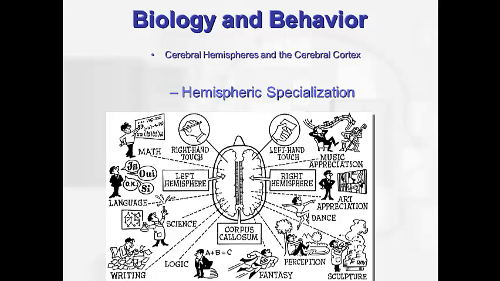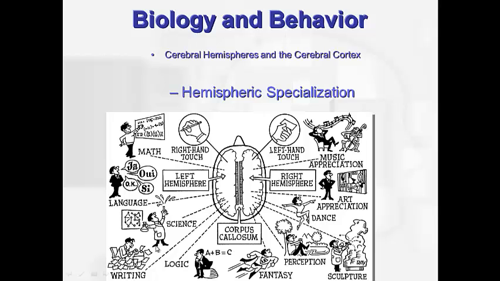You can see here a representation of the primary functions performed by the left hemisphere versus the right, just to appreciate the qualitative difference between these two hemispheres. Again, normally the corpus callosum connects the two hemispheres, but in general, whenever you're performing a mathematical operation, your left hemisphere is more active.